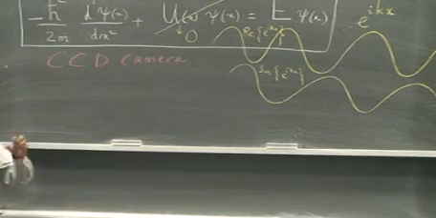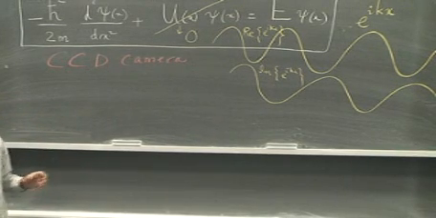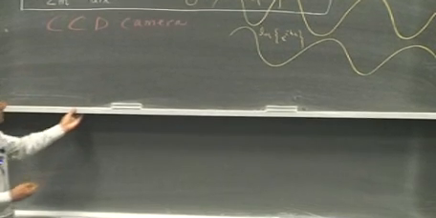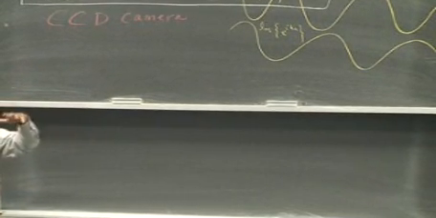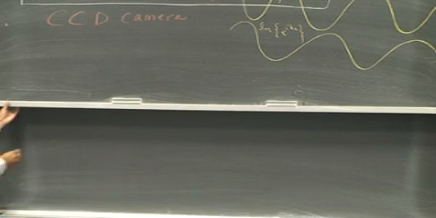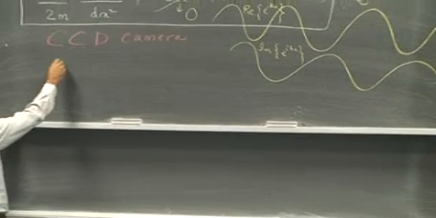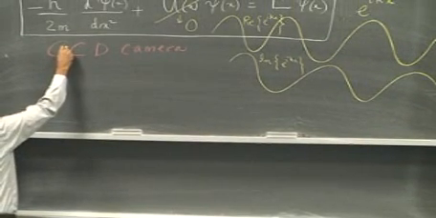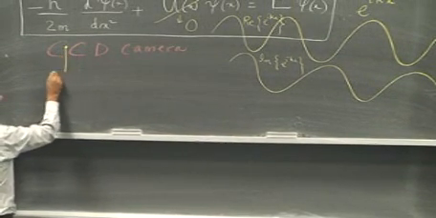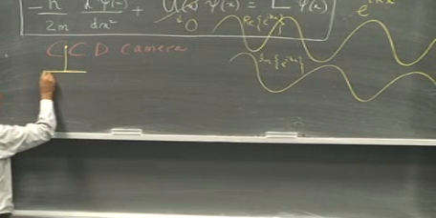A CCD camera comprises a large number of pixels, and each pixel is in fact a semiconducting junction. If I want to draw the picture of the CCD pixel, it will look as follows. There is an electrode, which is of course a metal electrode.